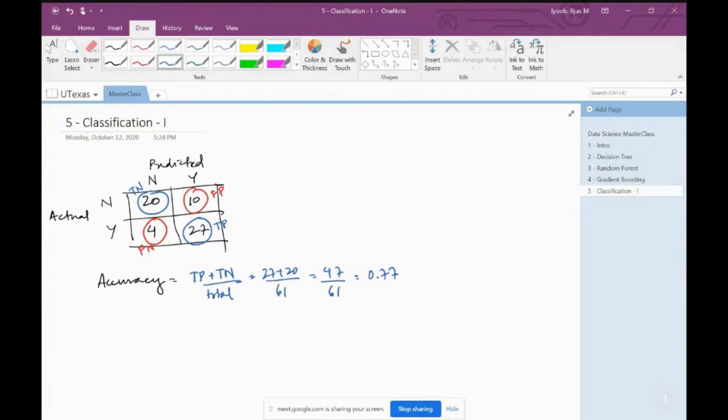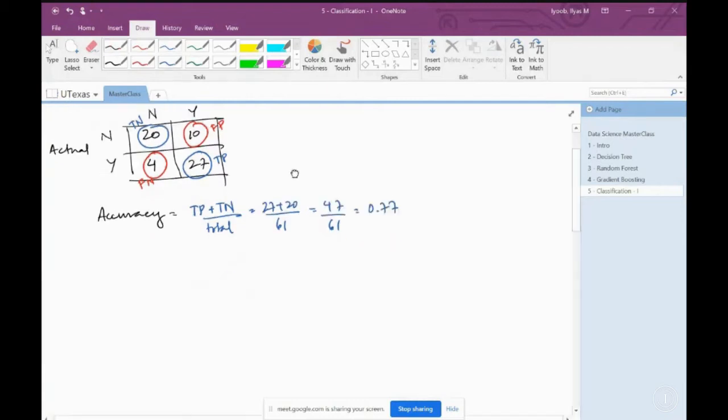But what's wrong with this? If we just looked at accuracy, the problem is that in cases where very few people actually have a disease, say in reality there were only one or two people that had the disease, let's take a small detour here.